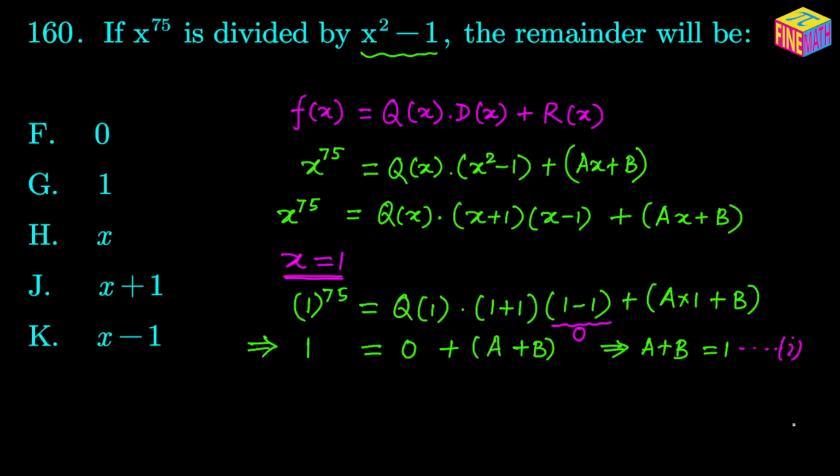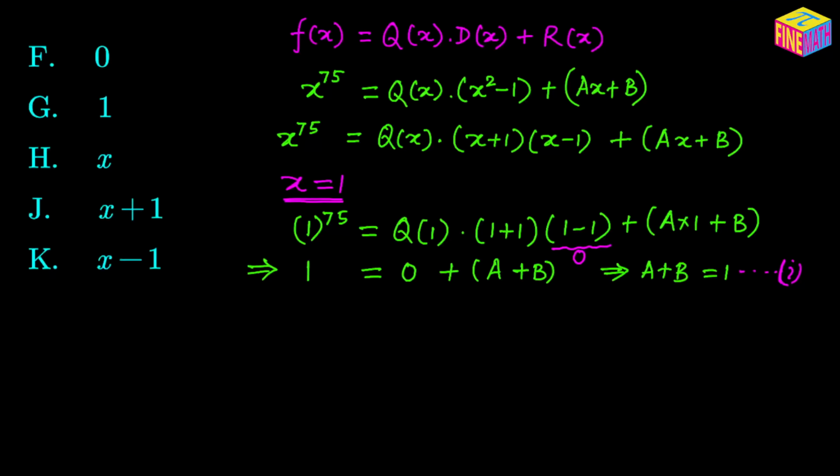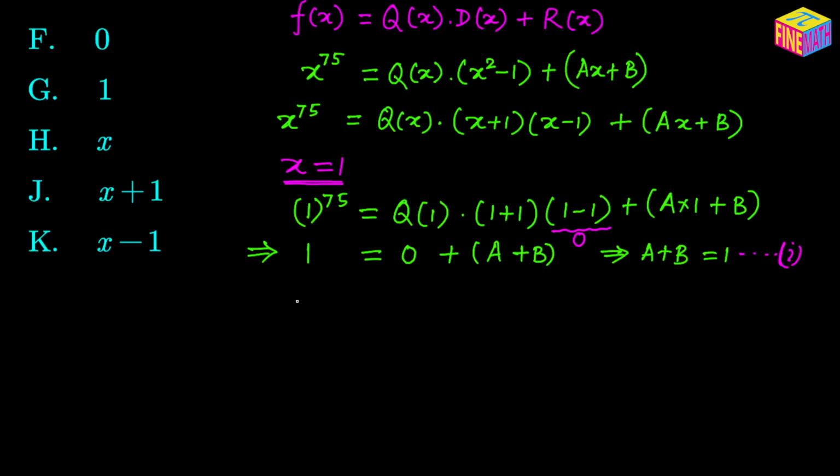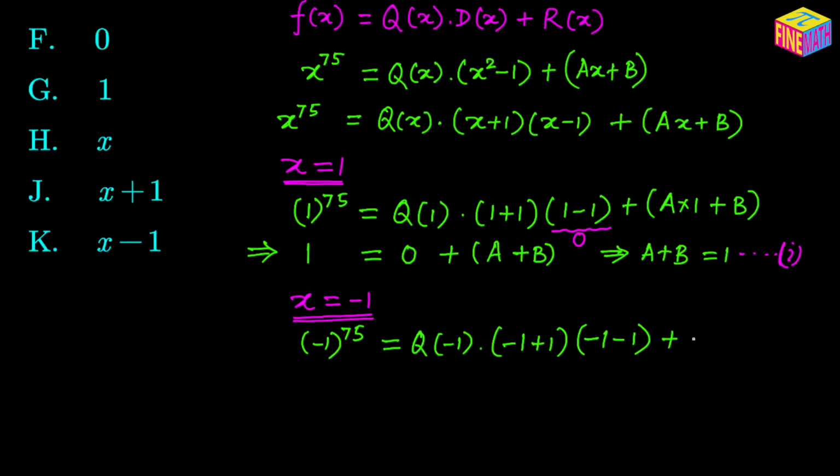Let's try to create another equation, and this time I'm going to use another value of x, that is x equals negative 1. So let's try that. There again we can say negative 1 to the power 75 is equal to q of negative 1 times negative 1 plus 1 times negative 1 minus 1 plus a times negative 1 plus b.